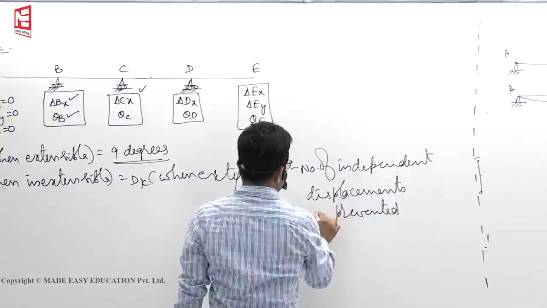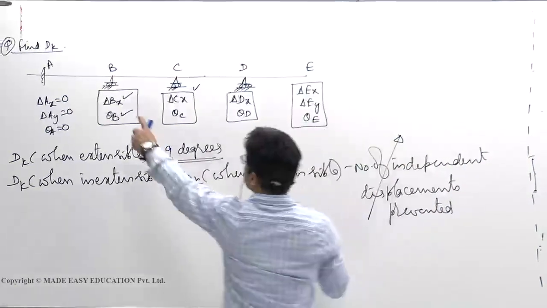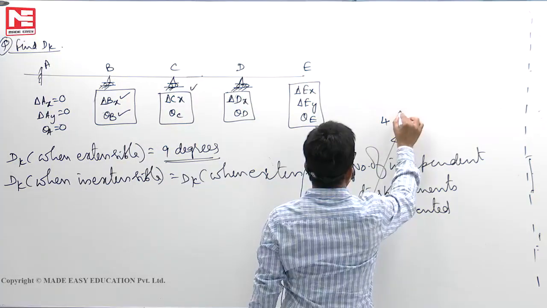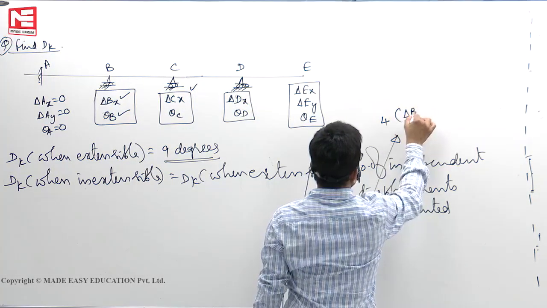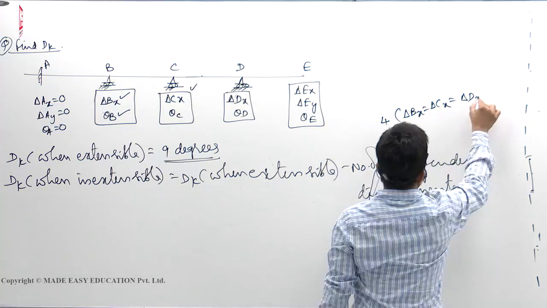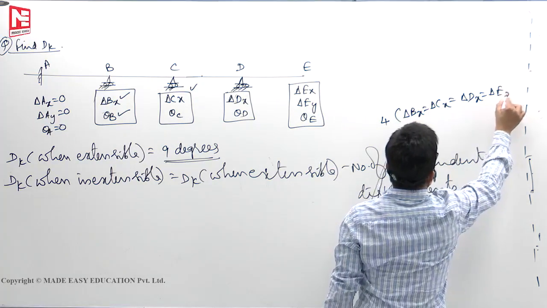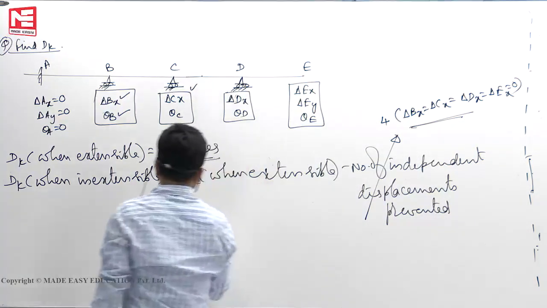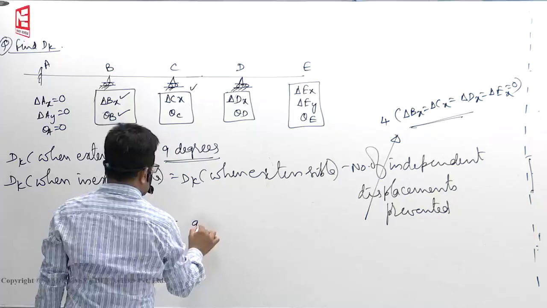Number of independent displacements prevented now are 1, 2, 3, 4. In this particular case, delta Bx, delta Cx, delta Dx, delta Ex, all of them are 0. So dk when extensible is 9 degrees.